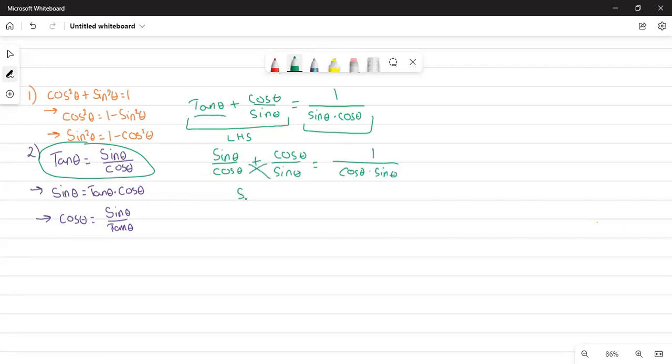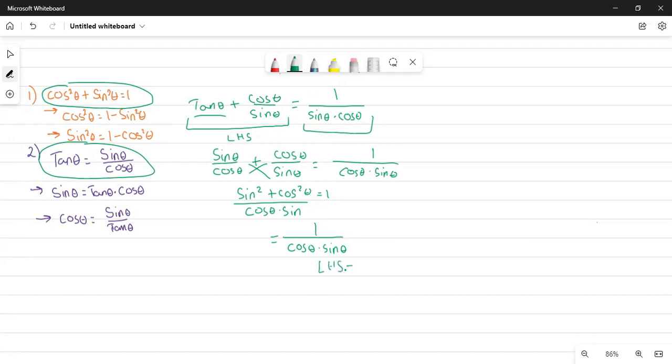So it gives us sine square theta plus cos square theta by cos theta times sine theta. Now we know that sine square theta plus cos square theta equals 1 using the first formula identity. So we can write it as 1 by cos theta times sine theta. Now we have proved this equation, LHS equals RHS.